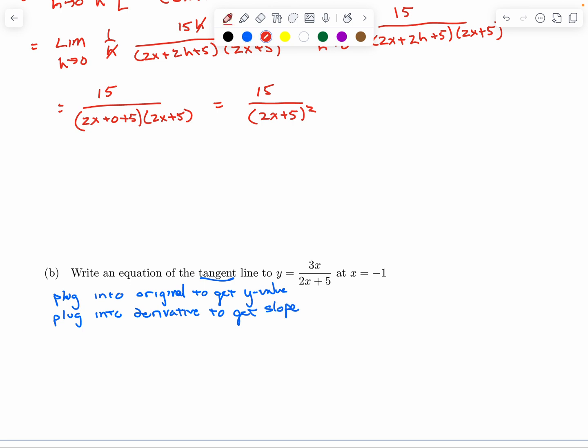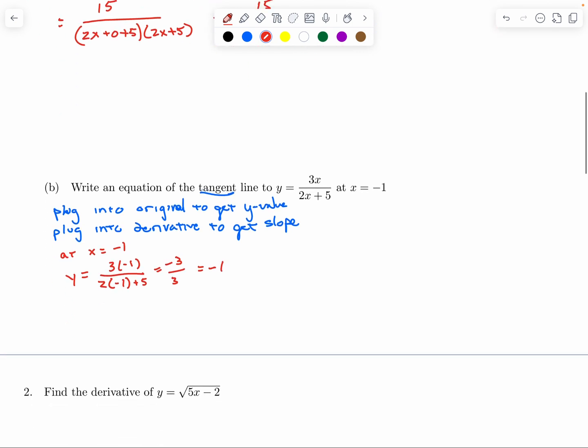Okay, so that's a coincidence that x and y happen to be the same.